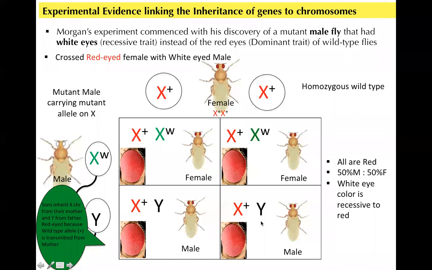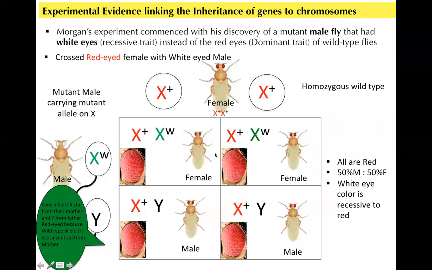And why are the sons red? Because they received the allele from the mother. The mother carried a wild type allele, which is responsible for the red eye phenotype. Because of this, in almost all the progenies, the X chromosome carrying the wild type allele, that is plus, was contributed to all the progenies.